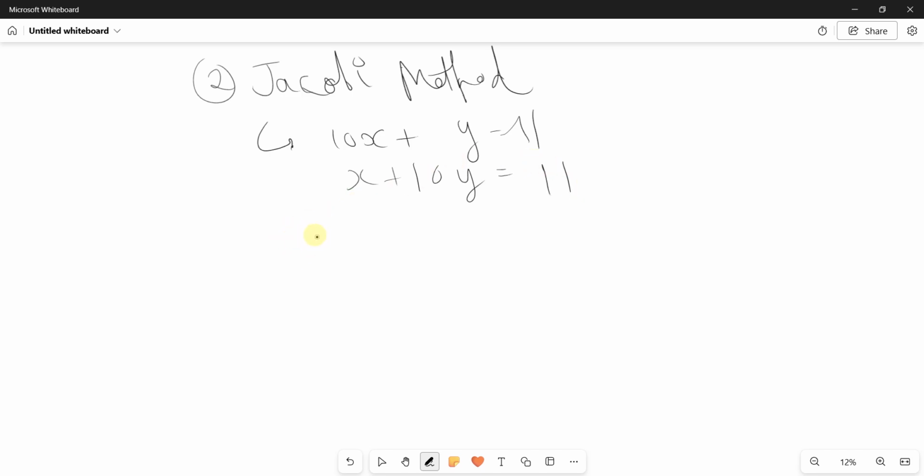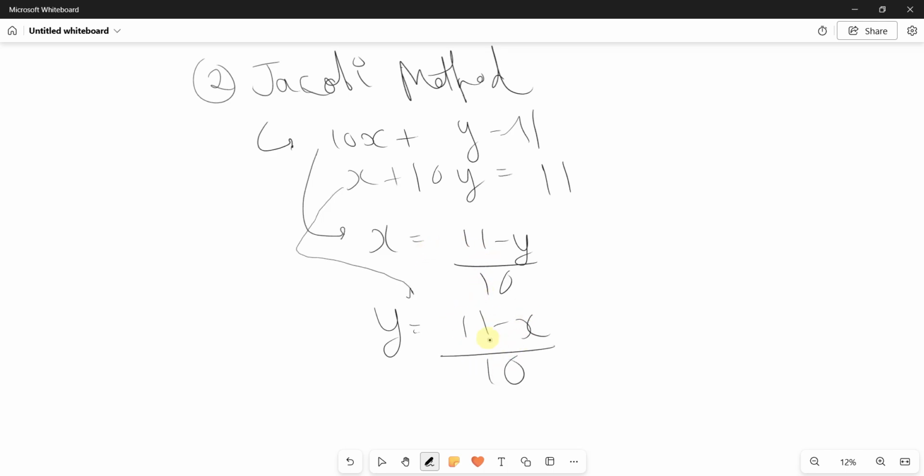From the first equation I can write x = (11 - y)/10, correct? Then from the second equation I can write y = (11 - x)/10.